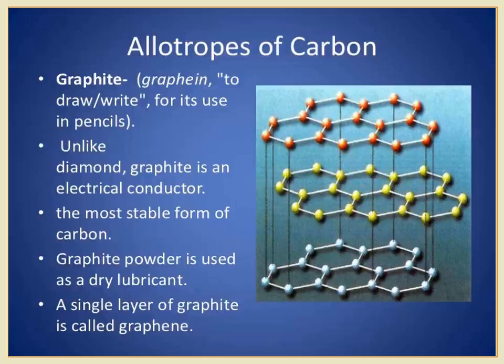Now, its dominant industrial use is in cutting, drilling, grinding, and polishing. It is used in industries for cutting, okay, for drilling purposes, for grinding purposes, for polishing purposes, okay. This diamond is one of the best known allotropes of carbon, okay.